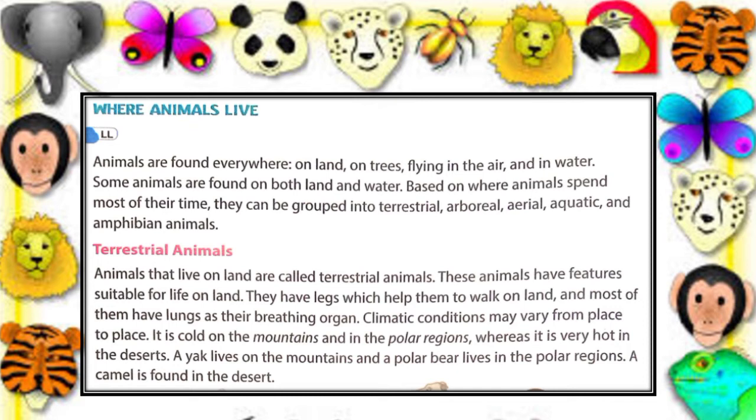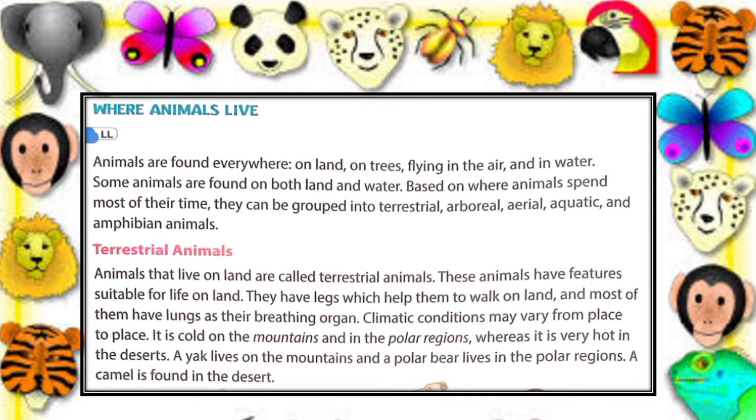So, animals that live on land are called terrestrial animals. These animals have features suitable for life on land, and they have legs which help them to walk on land, and most of them have lungs as their breathing organ.